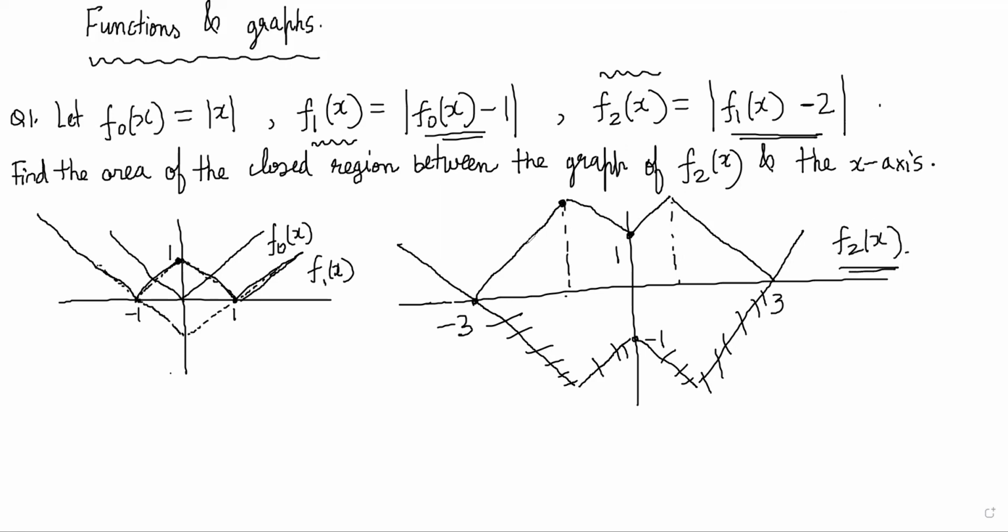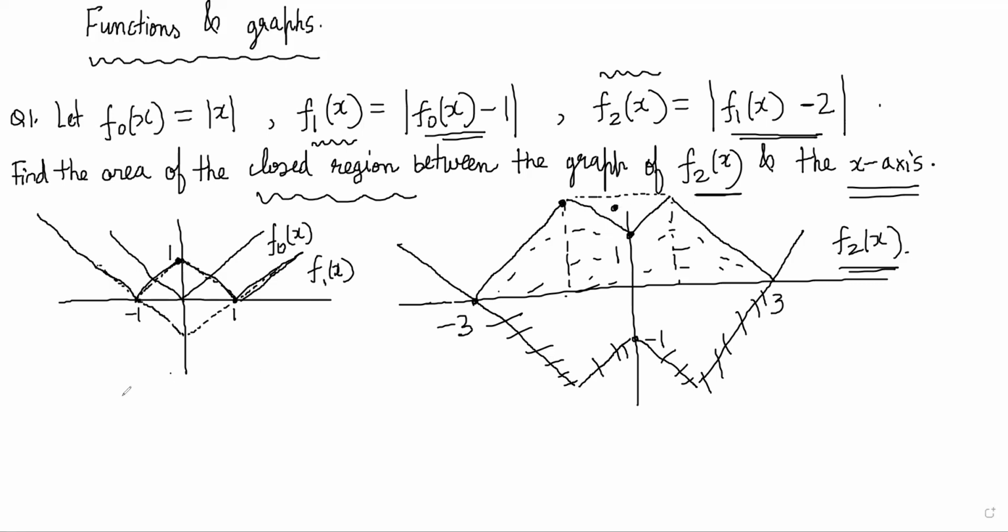You can draw it yourself accurately. What we have to find is the area of the closed region between the graph of f2(x) and the x-axis. So basically this whole area, this weird type of figure, we need to find. A simple way to do that would be to think of it mentally like a trapezium here, join it. So area of the trapezium minus area of this triangle.